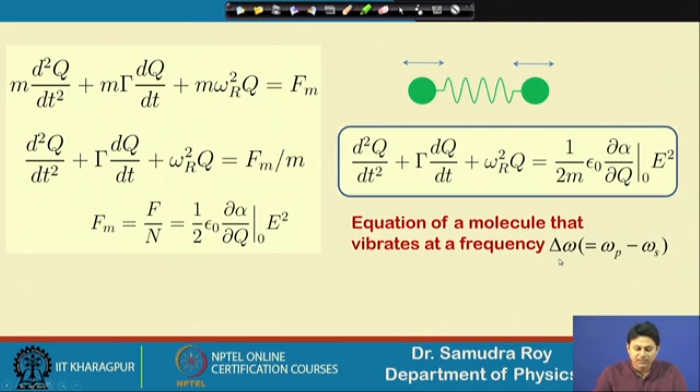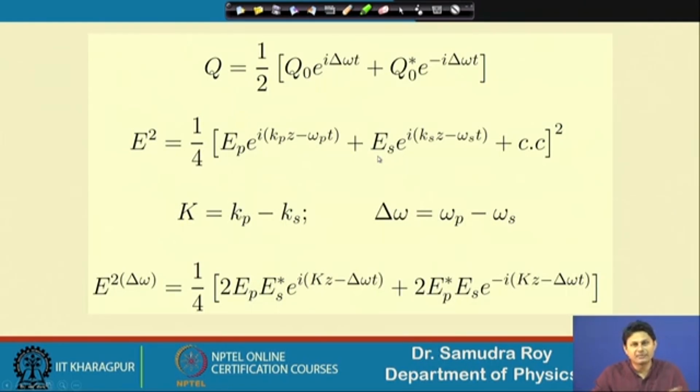That is why, in this differential equation, the generalized coordinate should have a frequency component Δω, but the amplitude may not be real, it is a complex amplitude. So in general I can write q is equal to half of q_0 e^(iΔωt) plus the complex conjugate of the total term.